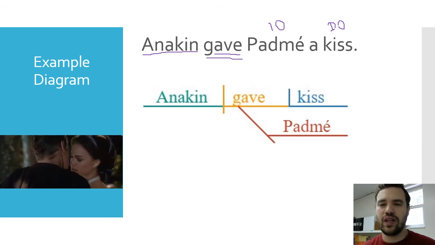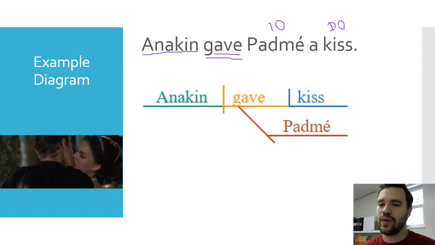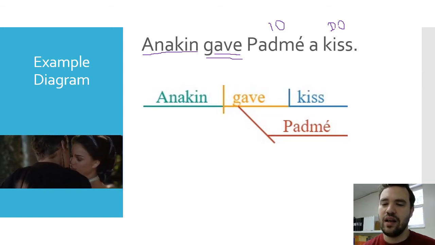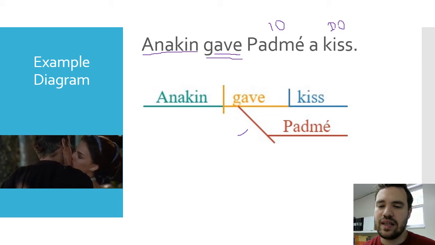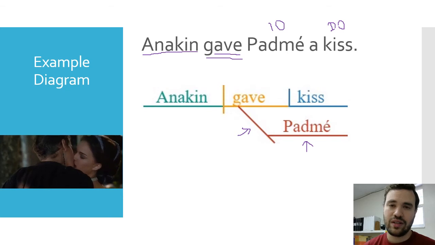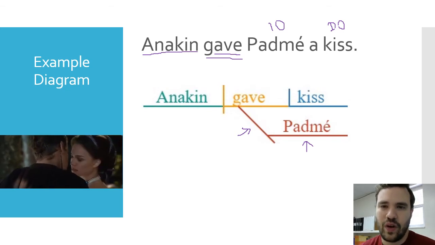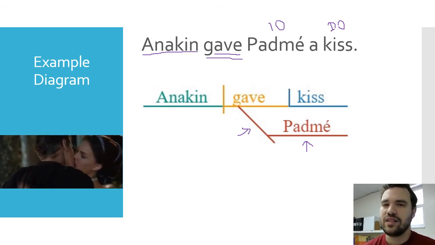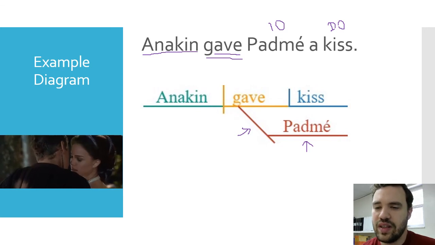So we've got the vertical line that stops, and then we've got the direct object kiss. And then we've got the slanted line underneath the verb. And then off of that, we have the horizontal line with the indirect object, Padme. All right, so hopefully that all makes sense. Let's do another example that's pretty similar to that.